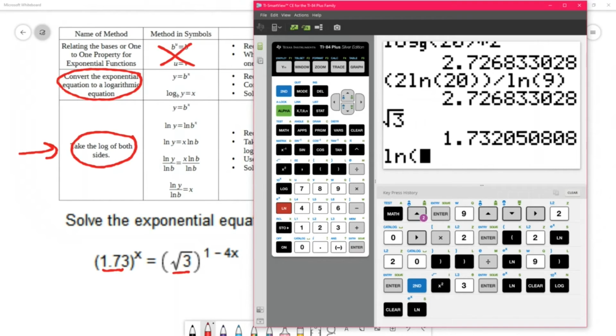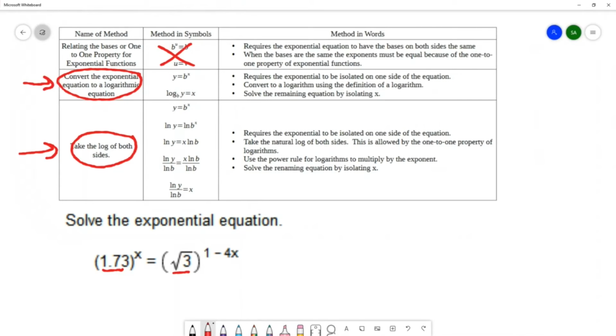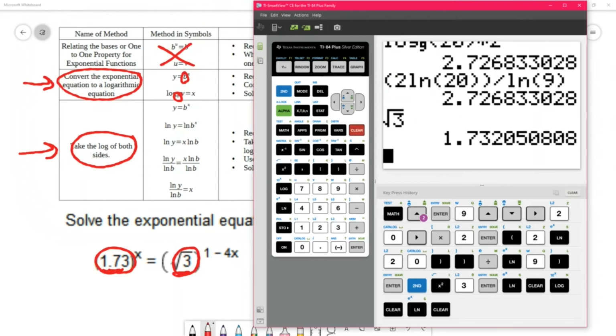If you were going to use the method of converting, your log would have the base that is in your exponential. In this calculator, that button is not on the home screen.